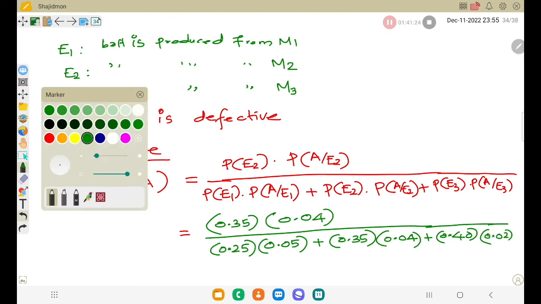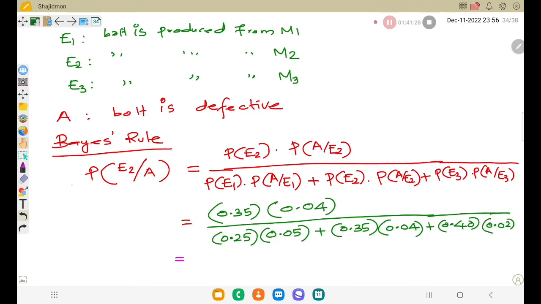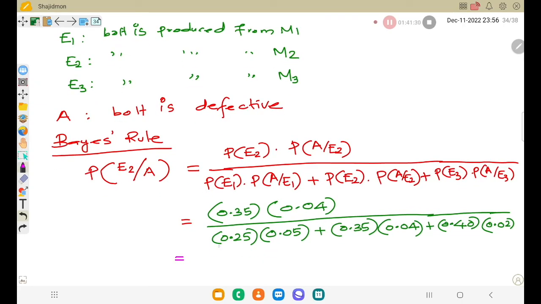So you will get the answer equal to 0.0140 divided by 0.0345. That means you will get 28 by 69, or you can write an approximate number also, 28 divided by 69.